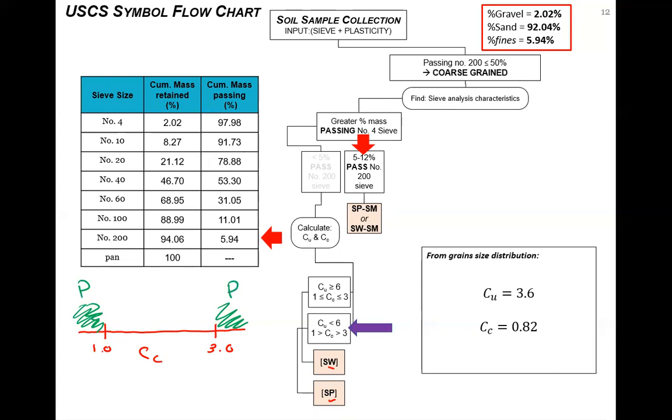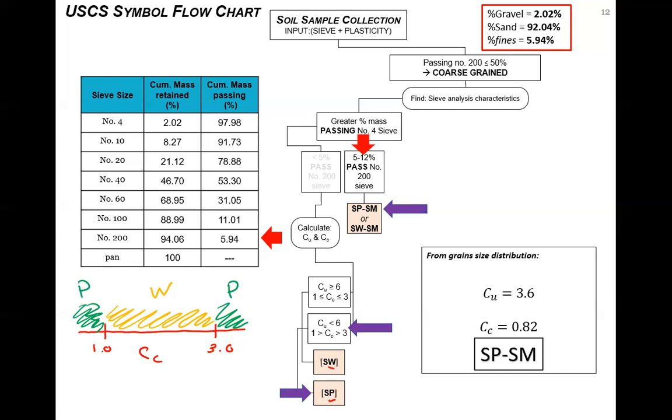So this would be poorly graded. If it is well graded, then it'll be in this range. So don't get too mixed up with the greater than or equal to signs there. What we're saying is if it's beyond the scope of 1 to 3, then that CC value represents a poorly graded soil. So our soil in this case is poorly graded, so that means it is an SP-SM.